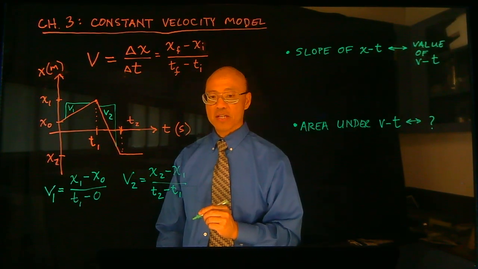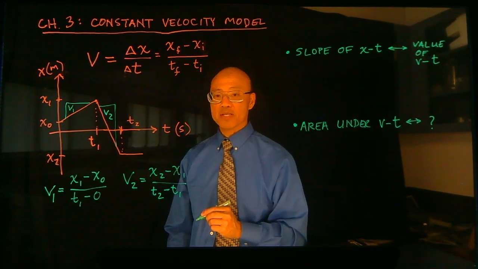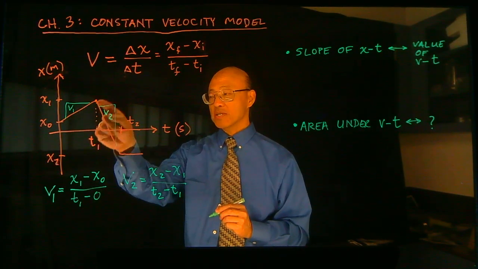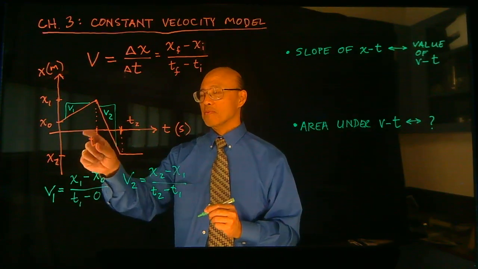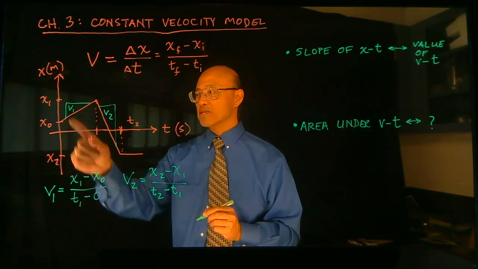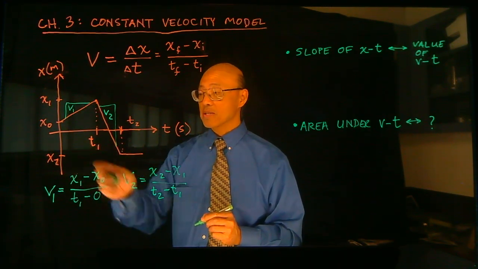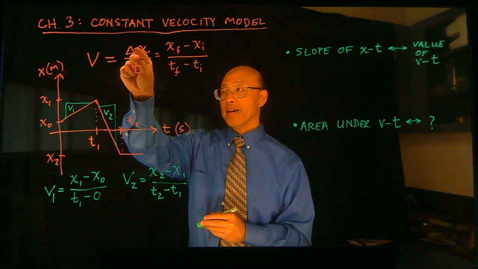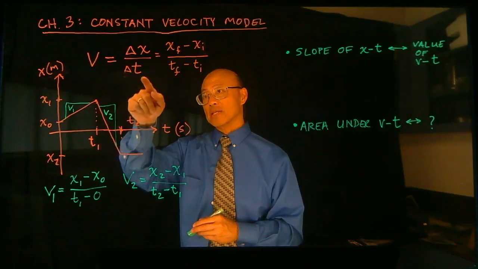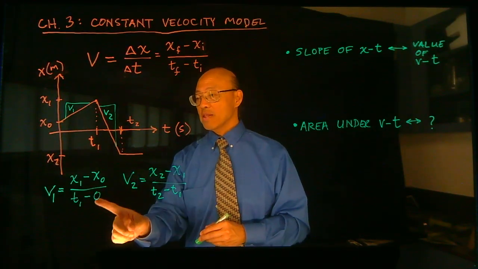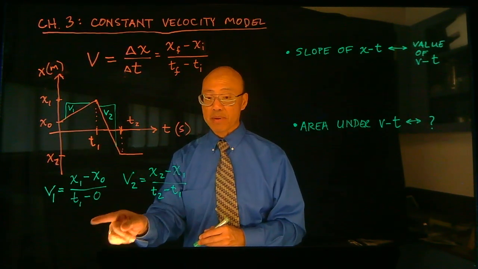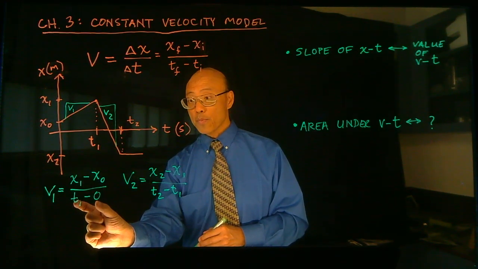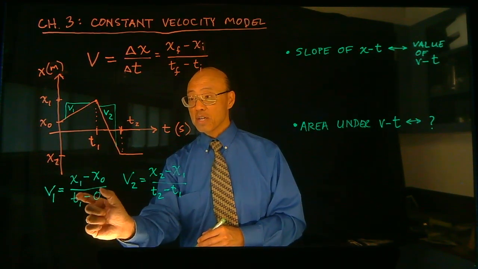And you could rightly say, Mr. Cacchio, why is this the constant velocity model? Well, that equation only applies when my velocity is constant. Wait, how do I know my velocity is constant? Suppose you had a graph like this. Because in a graph, we plot the x values on the vertical axis and the time values on the horizontal axis, this calculation is mathematically identical to the slope of the line from 0 to t1.